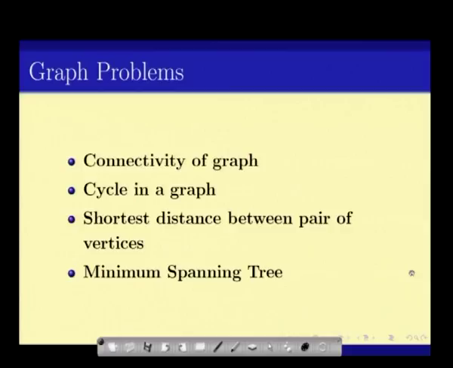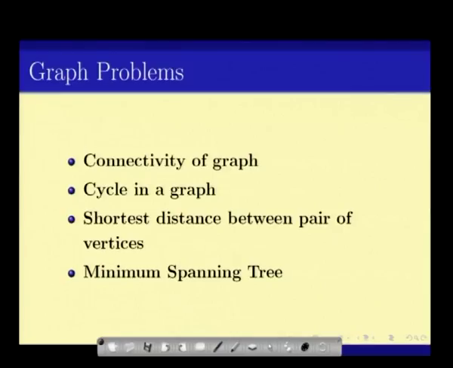We looked at some particular problems in this case of graphs. So, we looked at connectivity of graph. Given a graph, is the graph connected? We also asked, given a graph, whether the graph has a cycle, a directed cycle or undirected cycle, whether the graph has an odd cycle or an even cycle. Such kind of questions were asked, and we got algorithms for them.